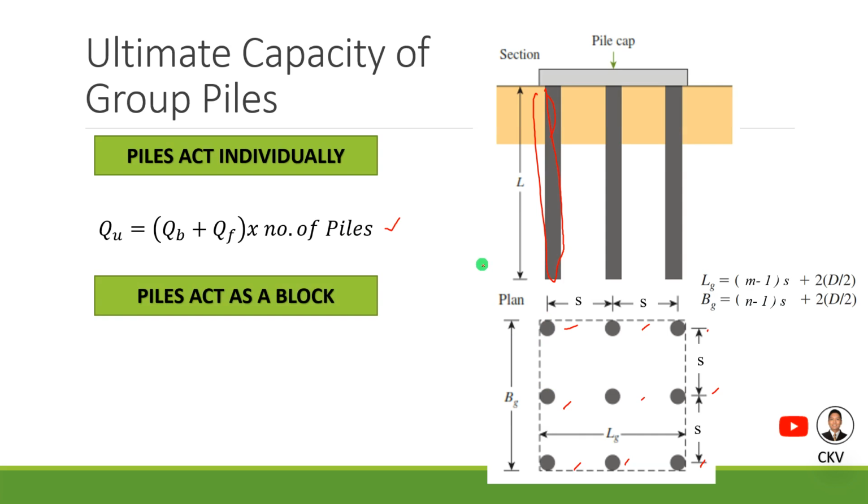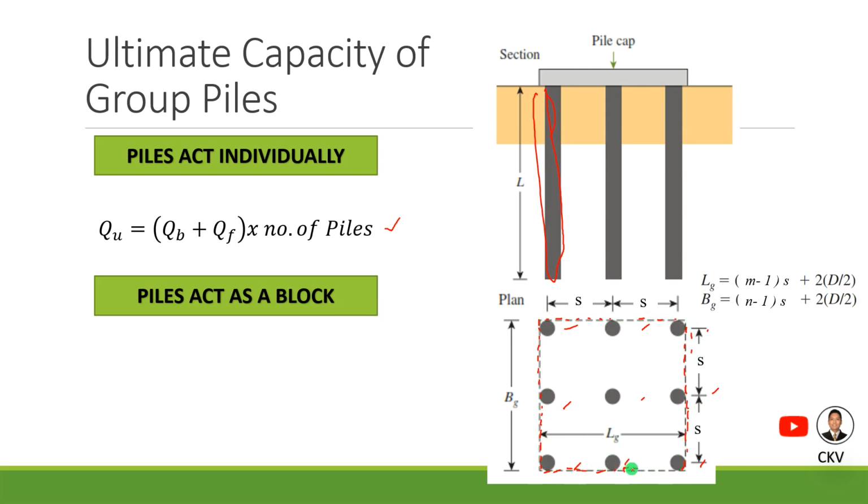Now, the second case is if the piles act as a block. It means that this group of piles is acting as a single block, which means that we will consider all of these piles as a single block, extending it on each edge, forming a rectangular shape. That's in plan view.